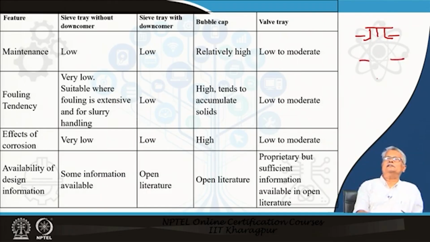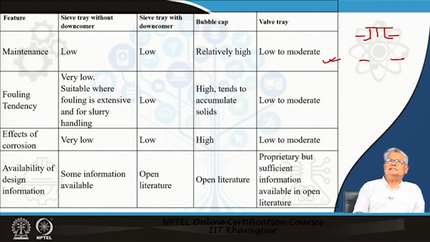Losing the valve from its position by failure of the weakest part, which gets bent under a very high or fluctuating vapor load, is not uncommon. So that may require a moderate level of maintenance for the valve trays.